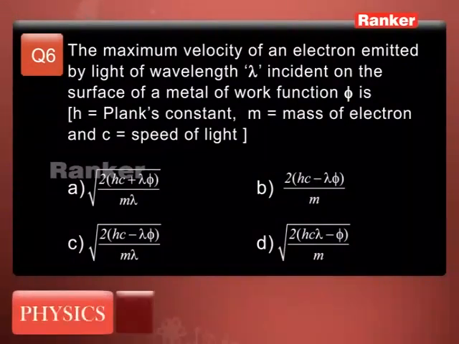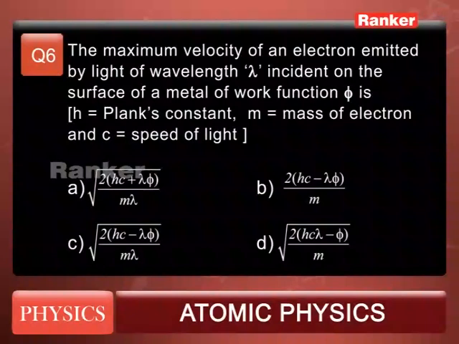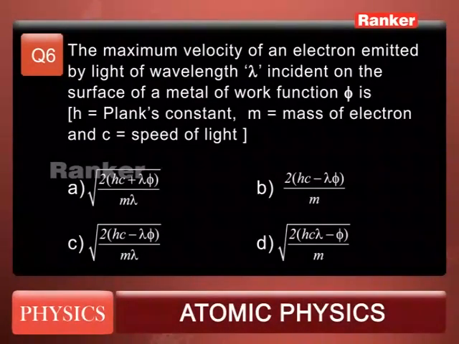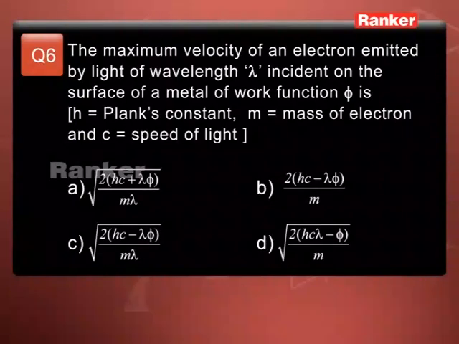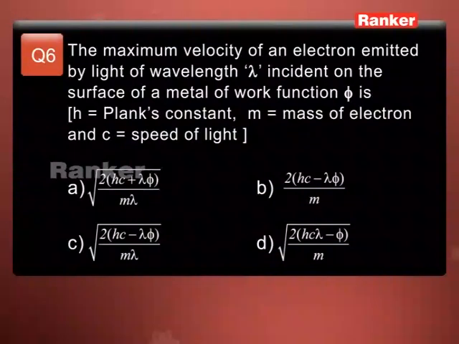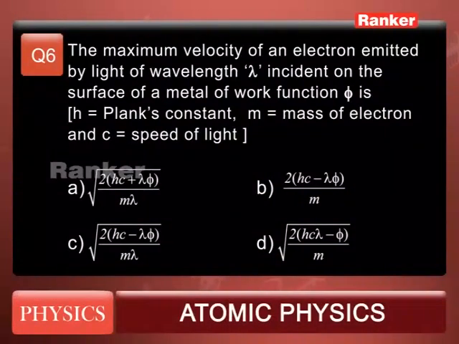The third option is square root of 2(hc − λφ) divided by mλ. Only difference between the first option and third option is there you are having positive sign between the terms and here negative sign, that's all. And fourth option is twice square root of 2(hc/λ − φ) divided by m. So these are the 4 options provided to us.